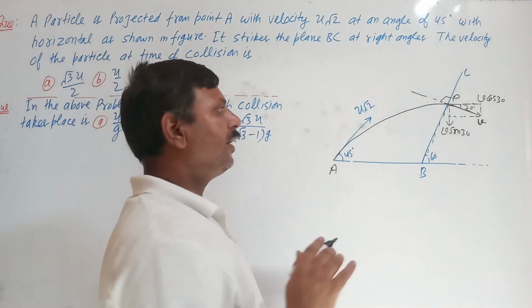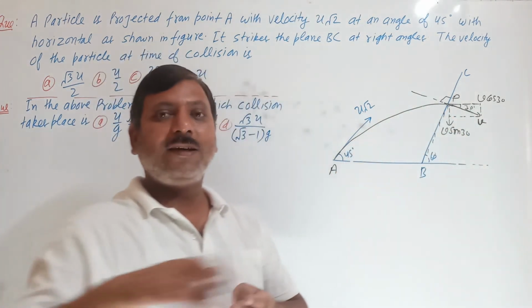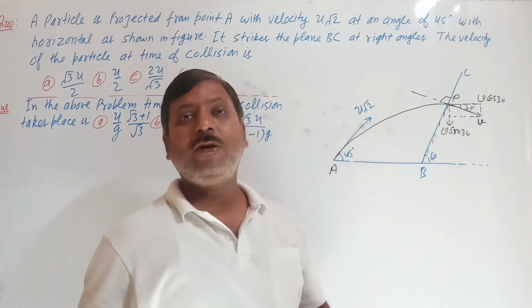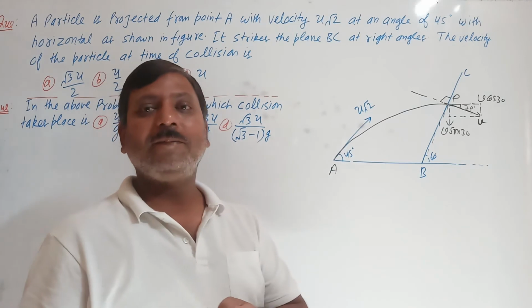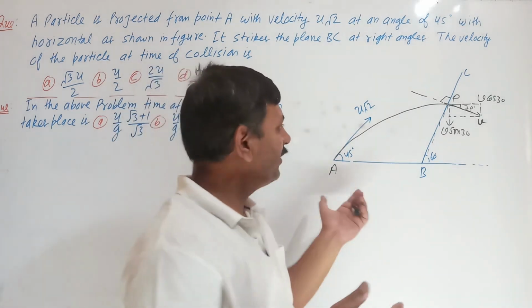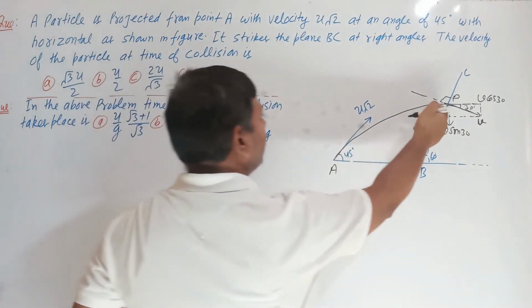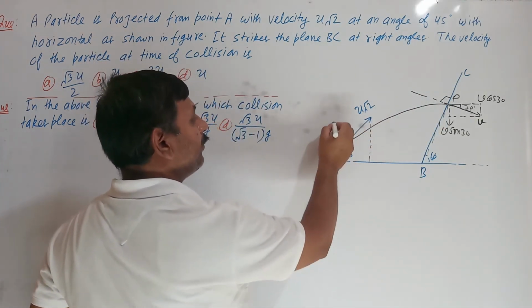So in projectile motion, what I have told you is that horizontally there is no acceleration. So if there is no acceleration along horizontal, the horizontal velocity will be the same. Magnitude of horizontal velocity will be the same at each and every point. So from here to here, you can see what will be the horizontal component and vertical component.